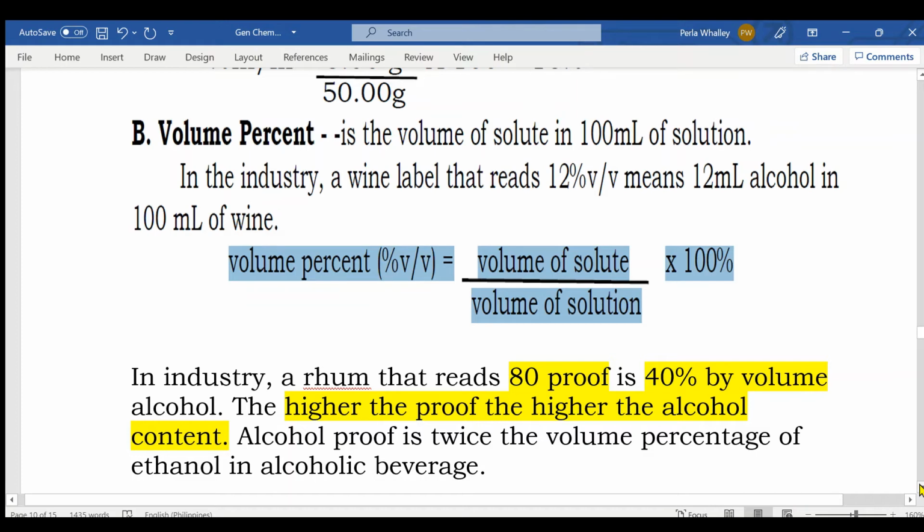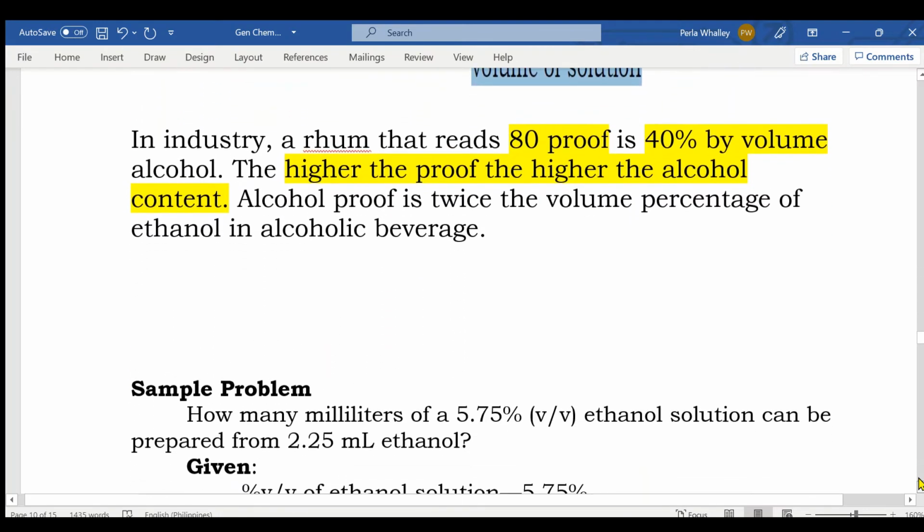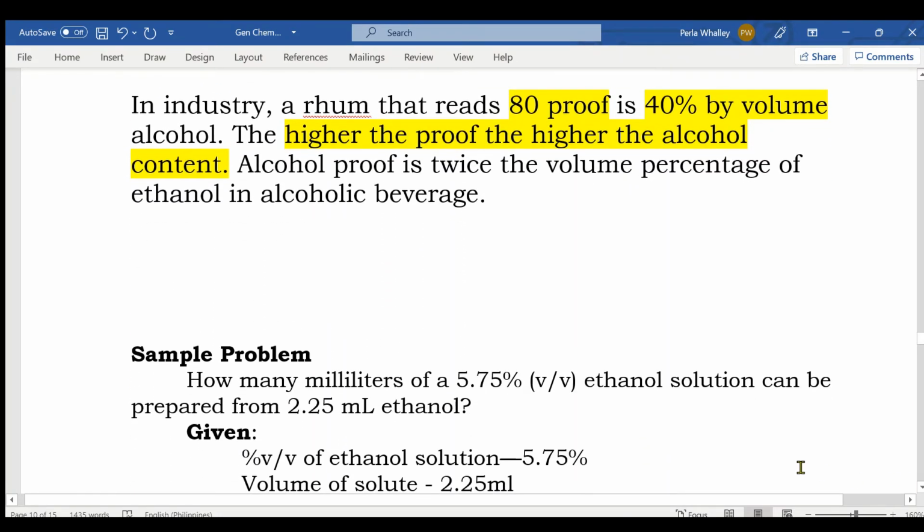So the formula is volume percent v over v equals volume of solute over volume of solution times 100. In industry, a rum that reads 80 proof is 40% by volume alcohol. The higher the proof, the higher the alcohol content. Alcohol proof is twice the volume percentage of ethanol in an alcoholic beverage.